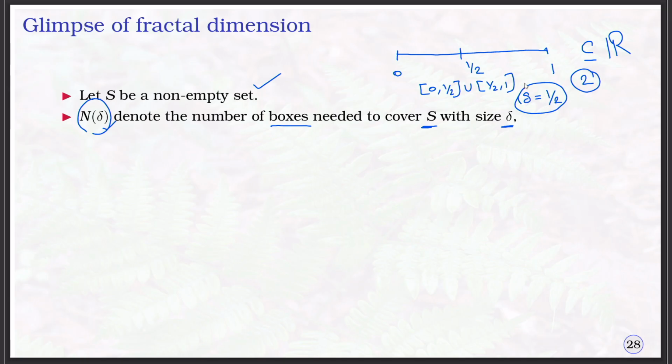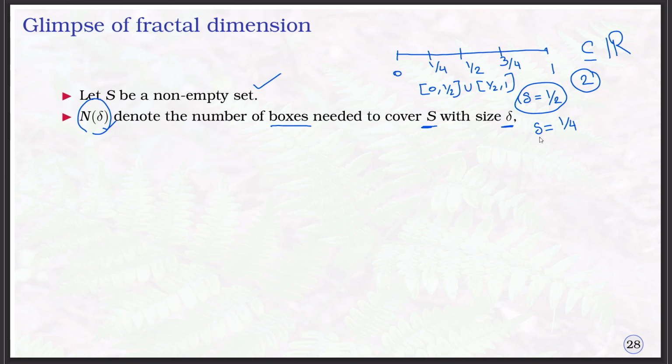But one can observe that if delta is 1 by 2, I need two boxes to cover this object. Suppose I fix delta as 1 by 4. Then I need one more here: this is 1 by 4, this is 2 by 4 which is equal to 1 by 2, and here 3 by 4.